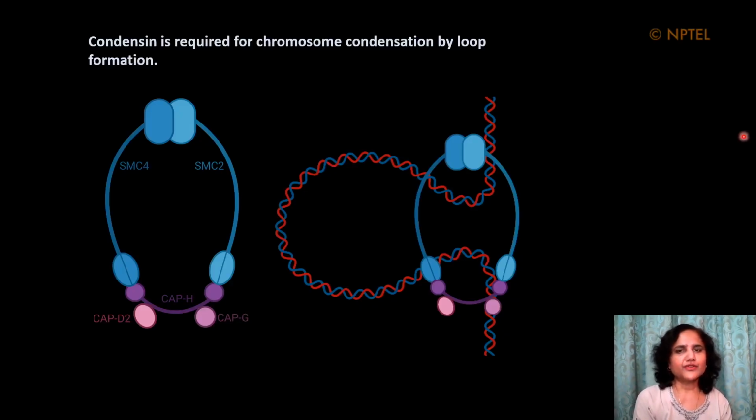Condensation and resolution of sister chromatids depend on the condensin complex. Like cohesin, condensin may also form a ring-like structure and bring about intramolecular interactions in a DNA molecule, forming a loop to help in condensation.